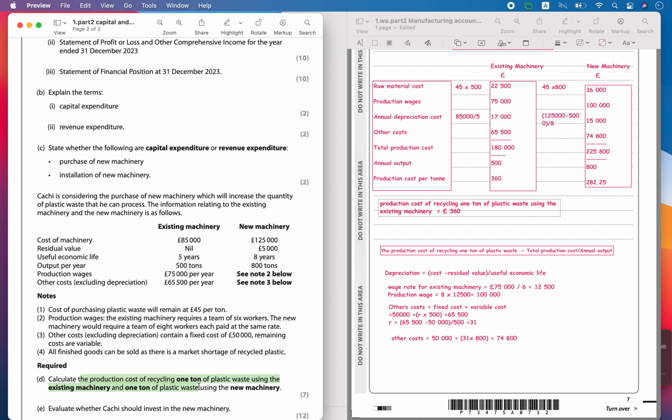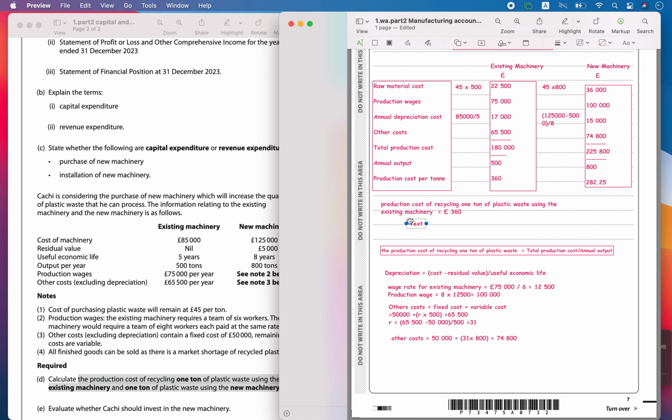And the production cost for 1 ton of plastic waste using the new machinery is going to be equal to 282.25.